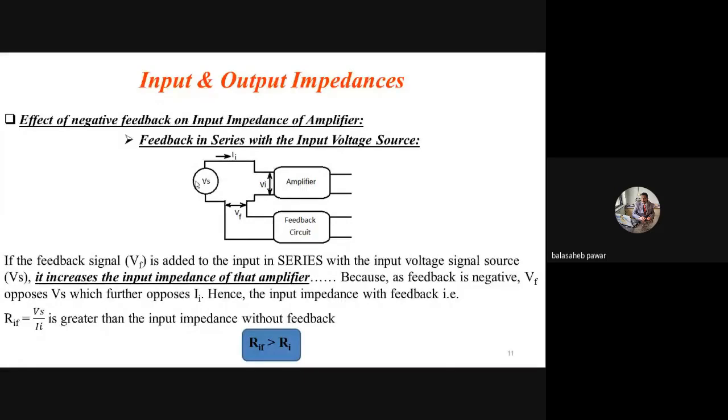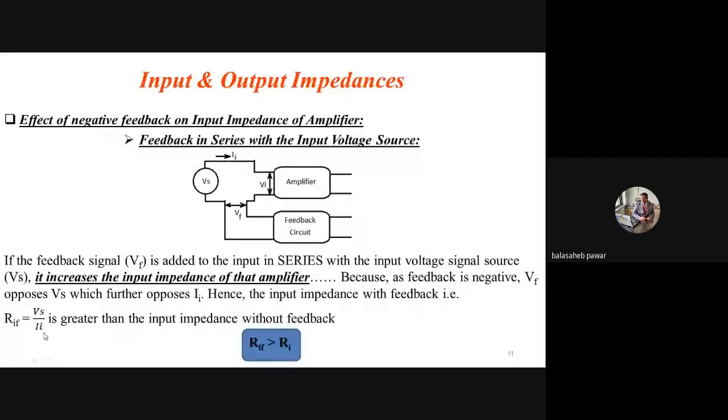So see, what is the effect when that negative feedback is provided to that amplifier to its input impedance? So as shown, as RIF is equals to Vs by Ii, okay, that means what happens, as that Vf opposes Vs, which will go on to decrease the value of this Ii, and as it is a denominator, so see the value of this input current with feedback and without feedback.